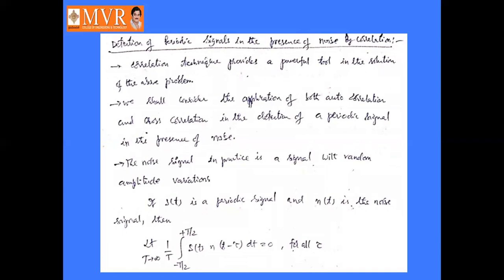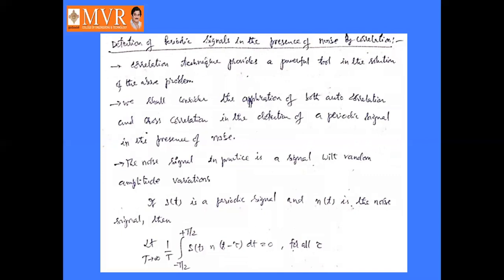We shall consider the application of both autocorrelation and cross correlation in the detection of a periodic signal in the presence of noise. A noise signal in practice is a signal with random amplitude variations. As we know, a noise signal does not have any constant amplitude or constant time period. It is random.